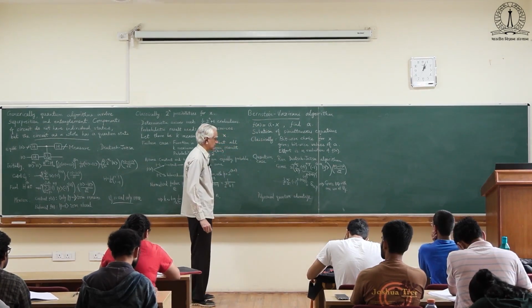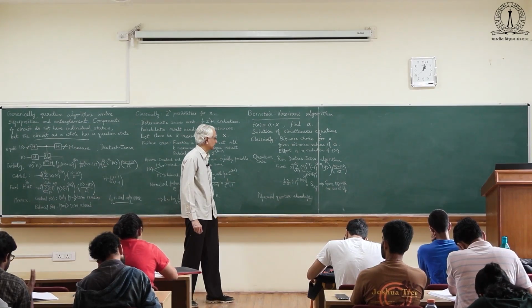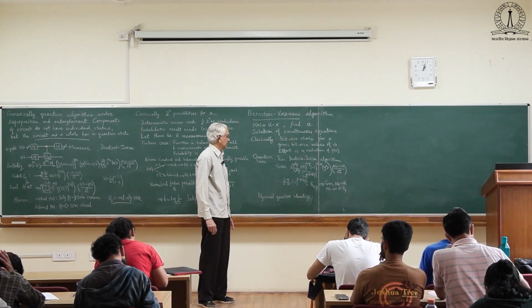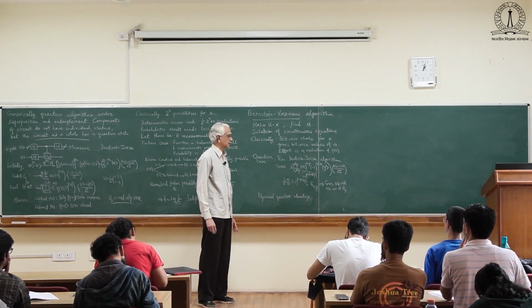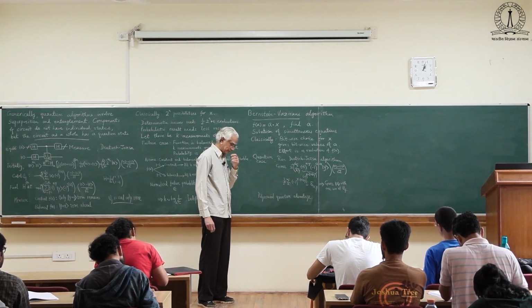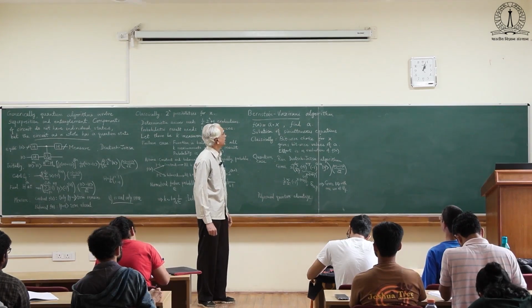In the class, the algorithm saved you something. How much did you save? Well, it's a polynomial in the number of initial variables.